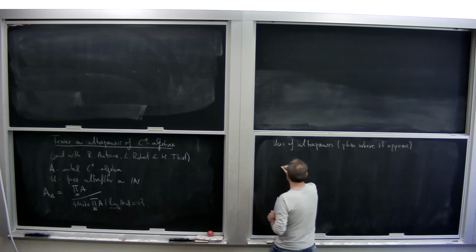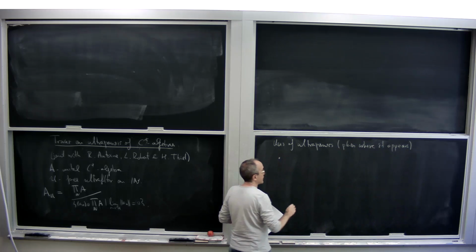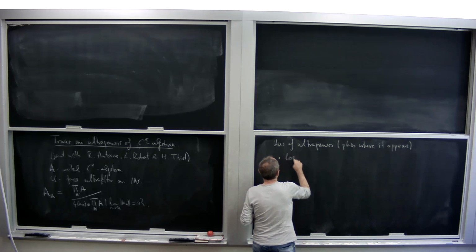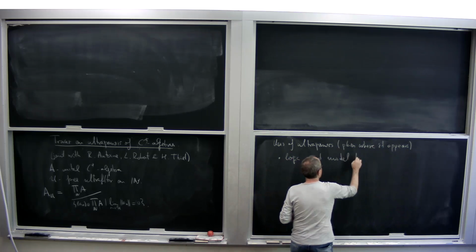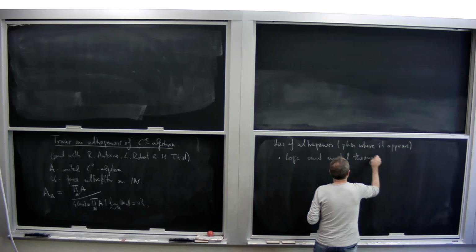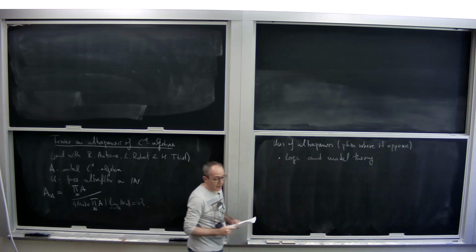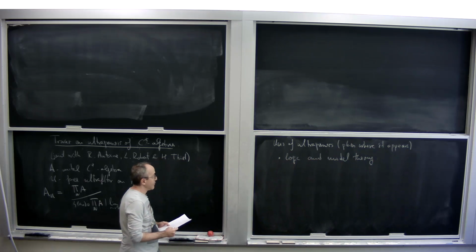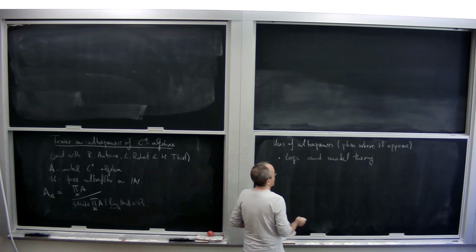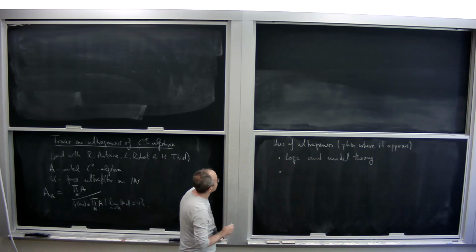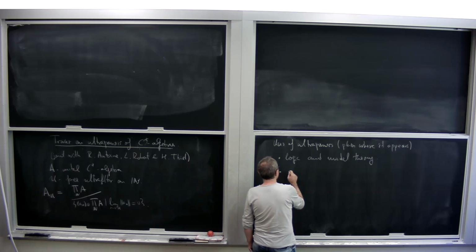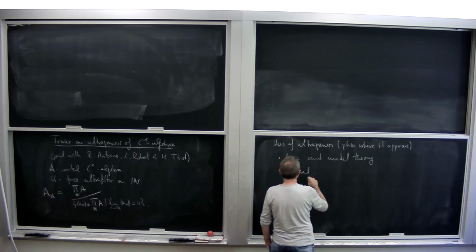So first, it's used a lot in logic and model theory. And well, I won't say much about this because I might say something wrong. So then it also appears when one studies the central sequence algebra, and that's also an important object.